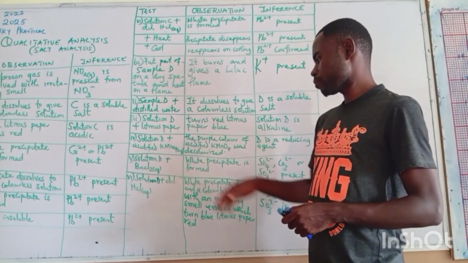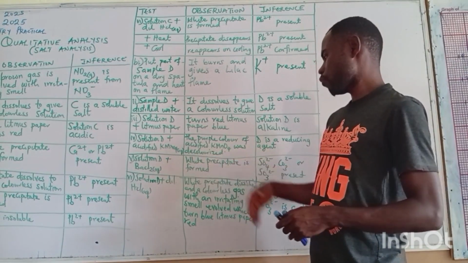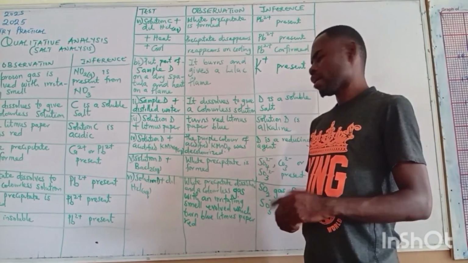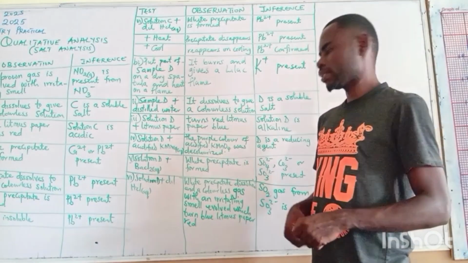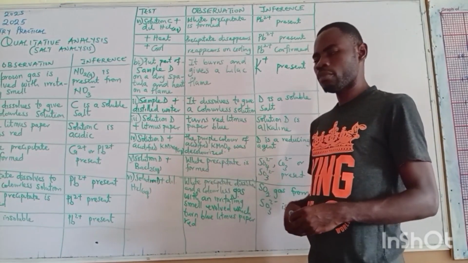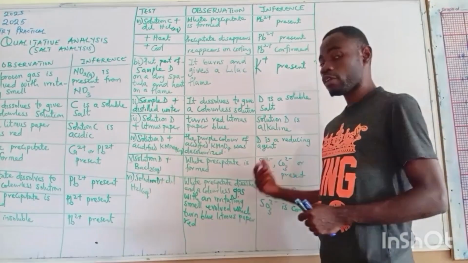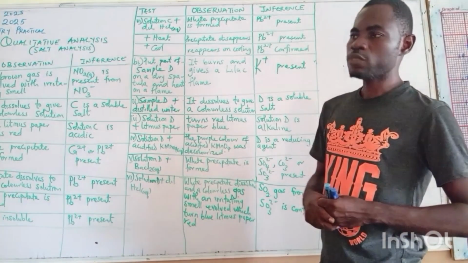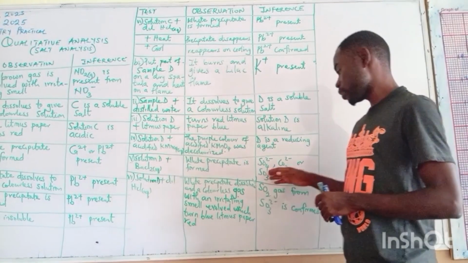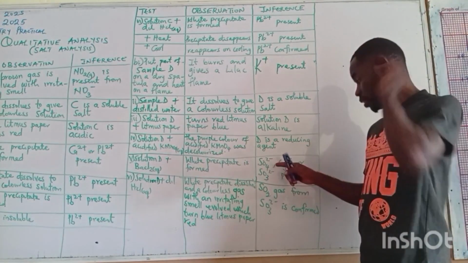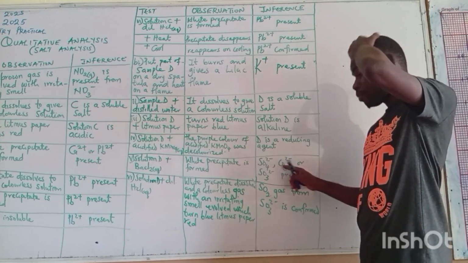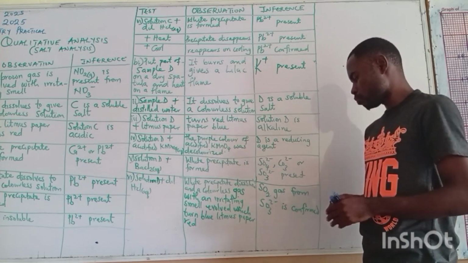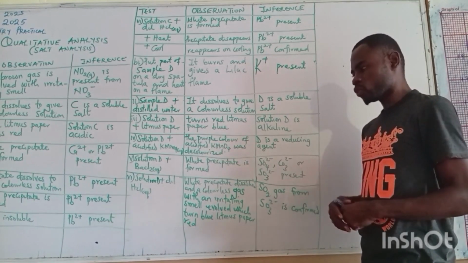From there, we suspected the anions that could be present: when barium chloride has been added, it can be SO4 2-, it can be CO3 2-, it can even be SO3 2-. That's why any of these can be your answer. So SO4 2-, CO3 2-, or SO3 2- is present. Any one of them is present.